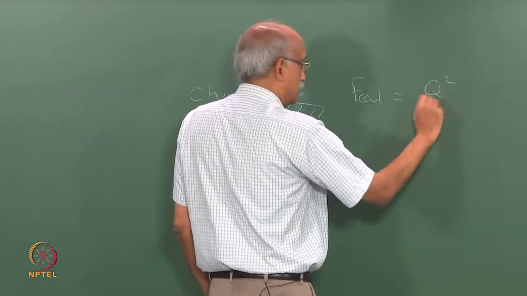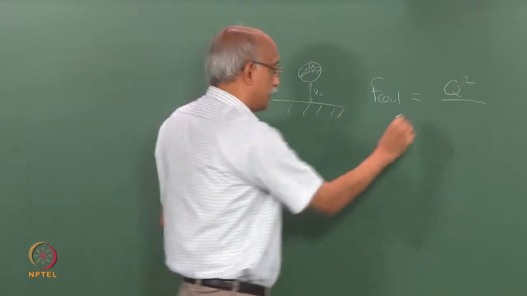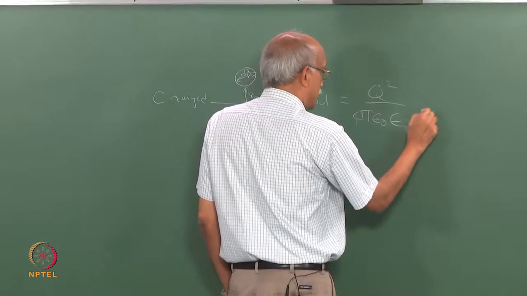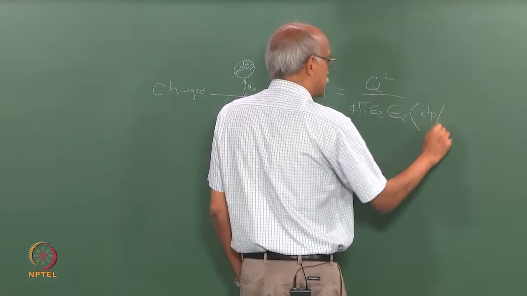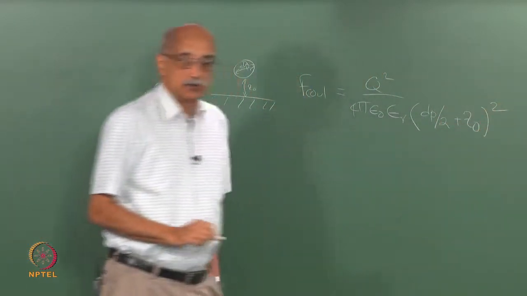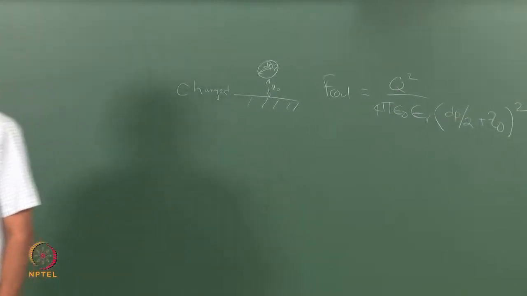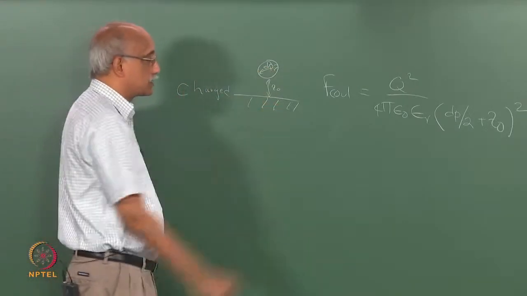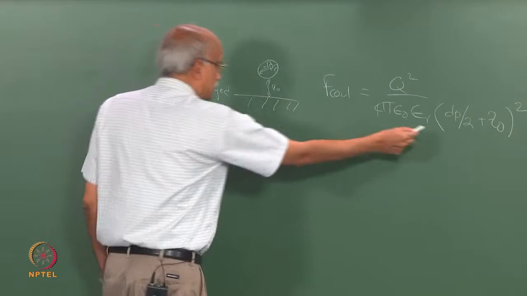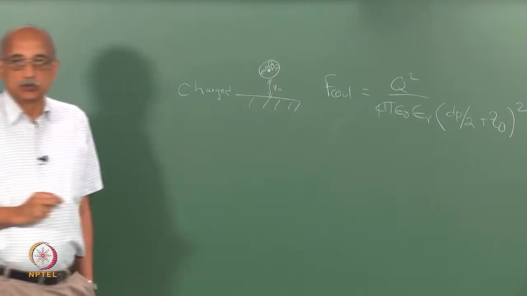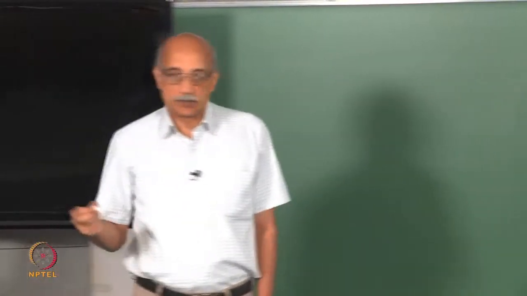if you assume that the charges are the same, will look like q squared by 4 pi epsilon 0 epsilon r times (dp by 2 plus z0) the whole squared, where epsilon 0 is the permittivity of free space, epsilon r is the dielectric constant, and q is the charge on each of the surfaces, and this distance represents the distance between the centroid of the particle to the other charged surface.